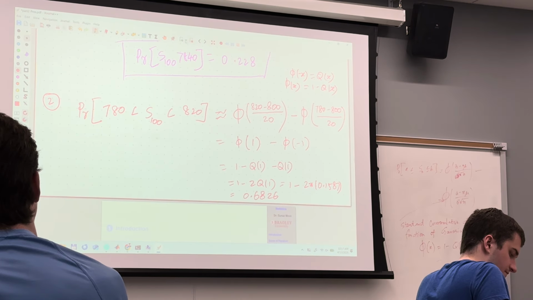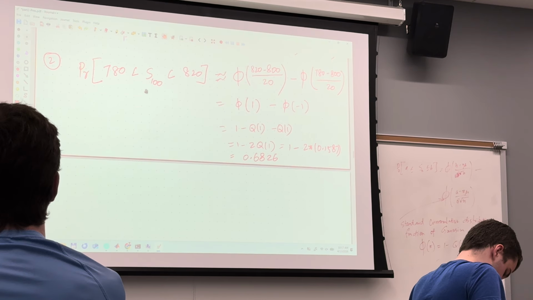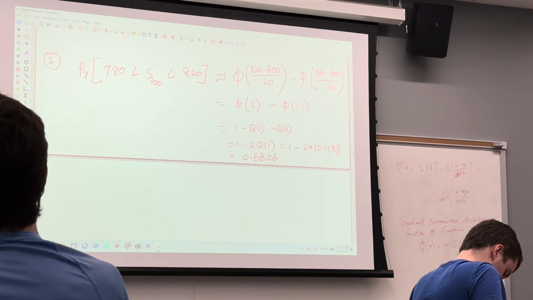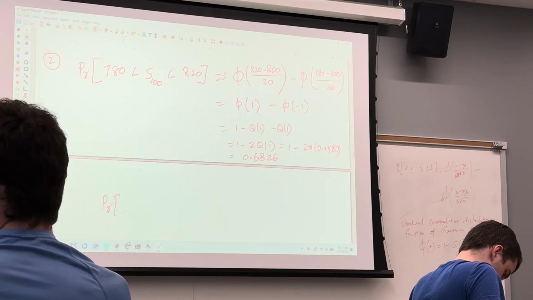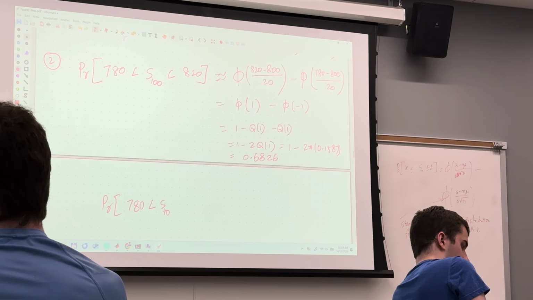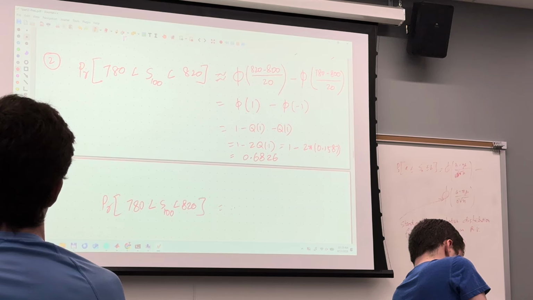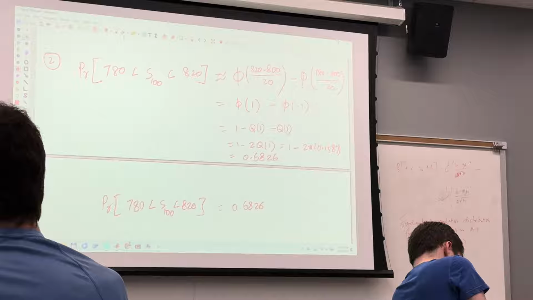So the probability that 780 is less than S100, less than 820, is going to be 0.6826, and that is the final answer.